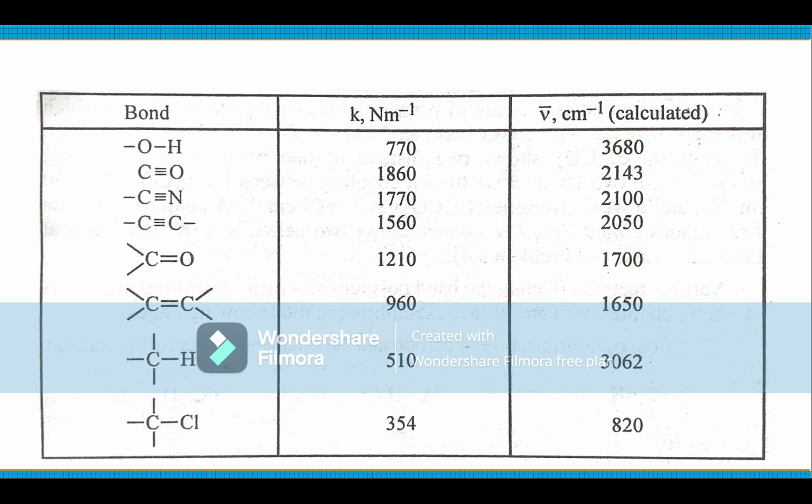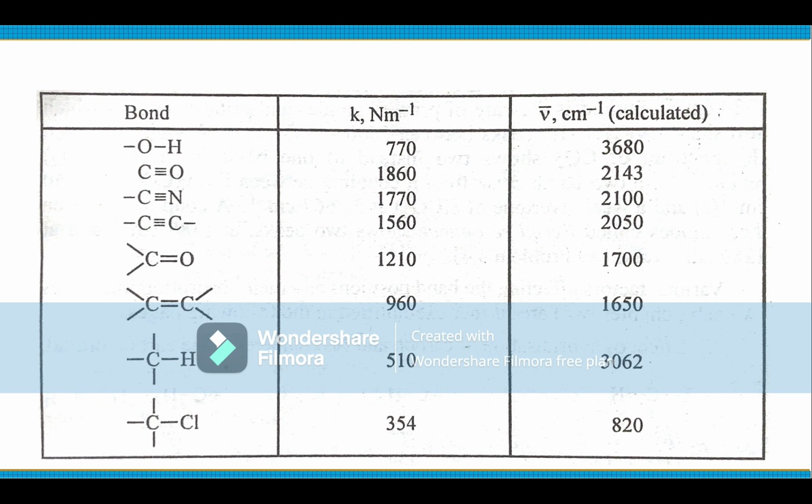The OH bond is very polar, so its force constant is very high, and you see the vibrational frequency is proportional to the square root of the force constant, so its value is nearly 3700 reciprocal centimeter. Carbon monoxide having a triple bond character, again it is very, very high, and the frequency is 2143 reciprocal centimeter.